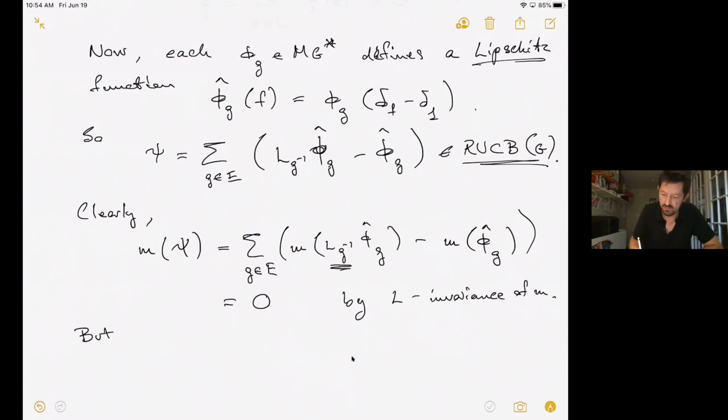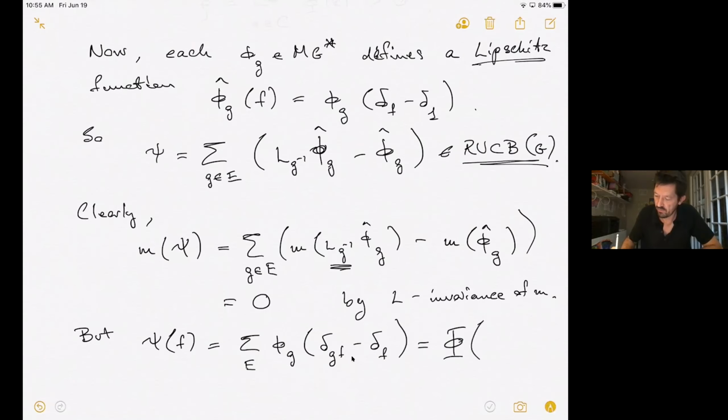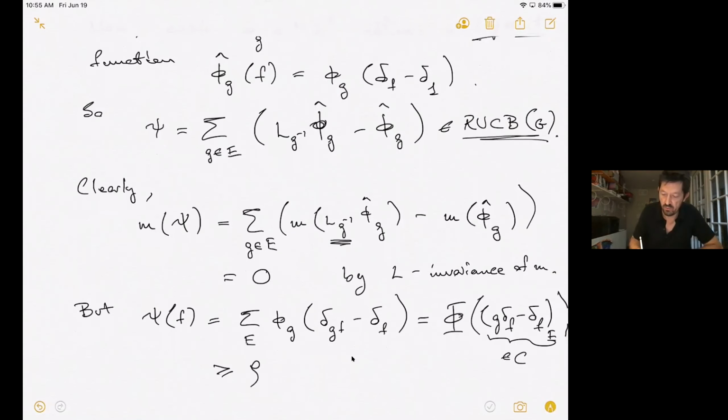But if you look at phi_C evaluated at the point F of my group, this is just the sum over my set E, and you can rewrite it easily to get phi of delta GF minus delta F, which is just capital phi of G delta F minus delta F over E. This here is an element of C, so this will be at least rho, which is positive.